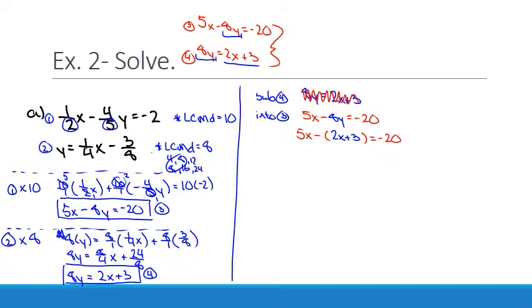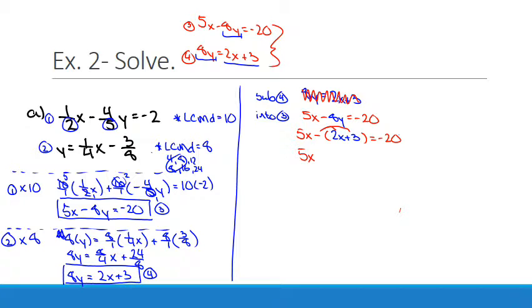Okay, so now we see 8y is equal to 2x plus 3, so I was able to sub it in. And then now I'm just going to solve the equation. Again, I was able to take these two equations and meld them into one equation. And I was able to take the new equation that had 2 variables in it and turn it into a 1 variable equation, which makes it easy to solve.